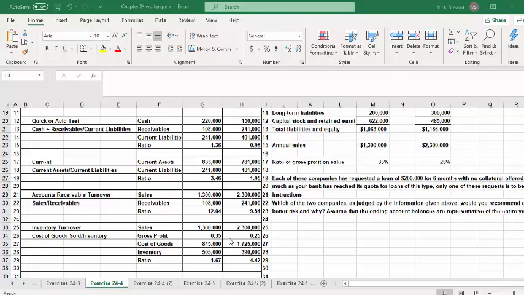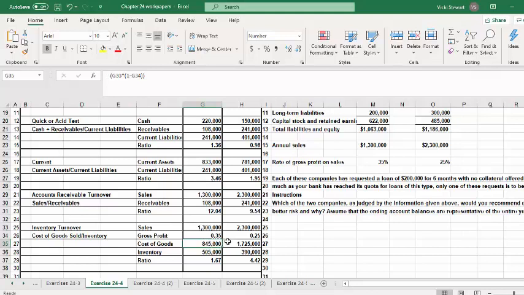We don't have the cost of goods sold given, but we can compute that because we were given their gross profit ratios, and we know cost of goods sold is complementary to the gross profit ratio, so we can determine the cost of goods sold by taking the sales times 1 minus the gross profit ratio.